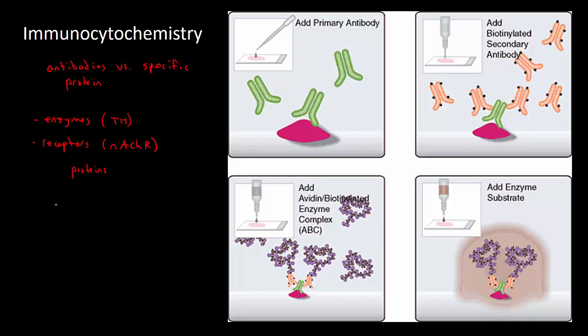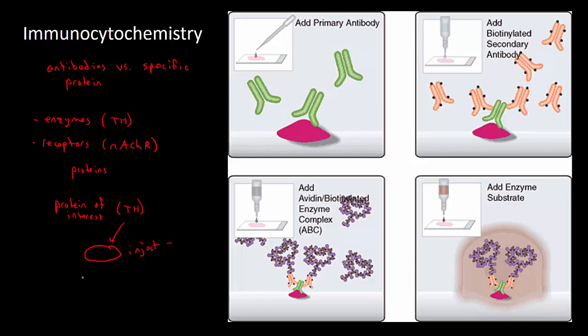Okay, so I'm going to take my protein of interest, let's say in this case TH. I'm going to take TH and inject it into an animal. The animal will raise antibodies against it.